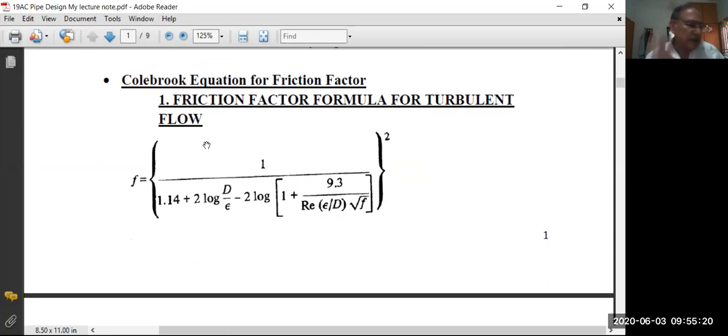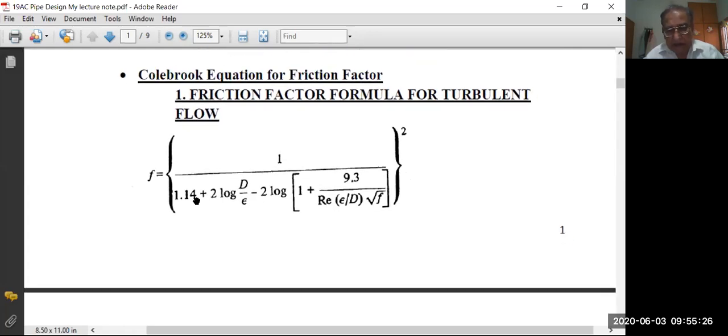So if Moody diagram is not available and your calculation is software-based, computer-based, then this formula can be used in the software, that is F is equal to 1 upon 1.142 log D upon epsilon plus D. So you can see that here we need Reynolds number to solve this equation.